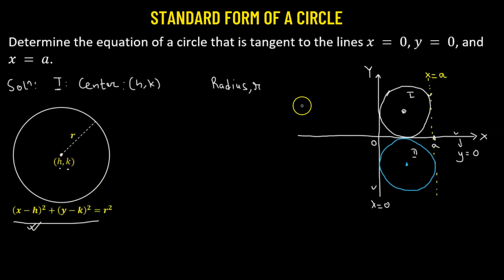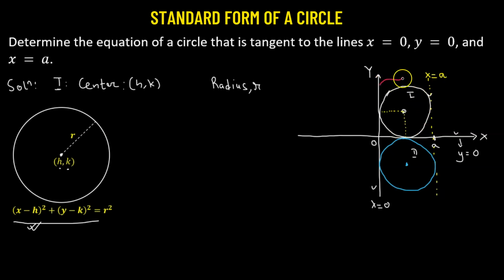So let's begin with circle number 1. We'll drop a perpendicular from the center to the x-axis, or the line y equals 0, and then another perpendicular from the center to the y-axis, or the line x equals 0. Our goal is to find the lengths of these two perpendiculars. It's given that the circle is tangent to the line x equals a.